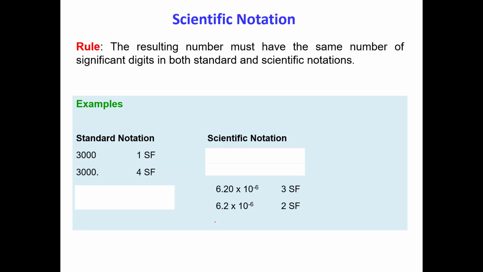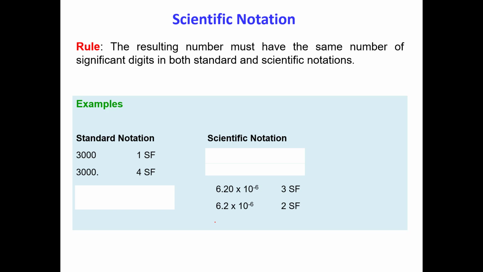And here, to conclude: if we have a number in standard notation and we convert it to scientific notation, the number of significant digits must be the same, and vice versa also.